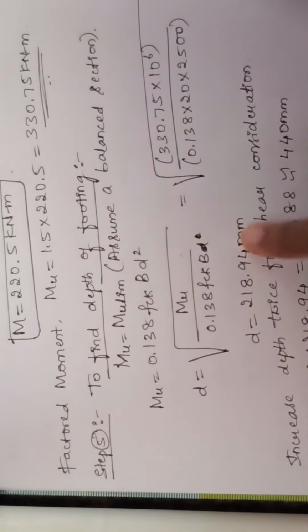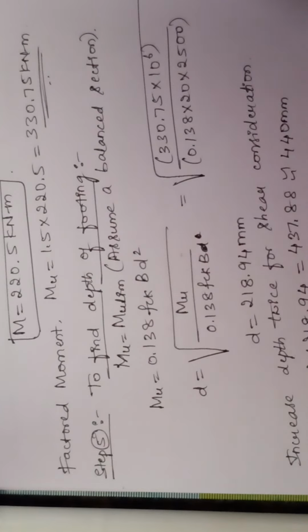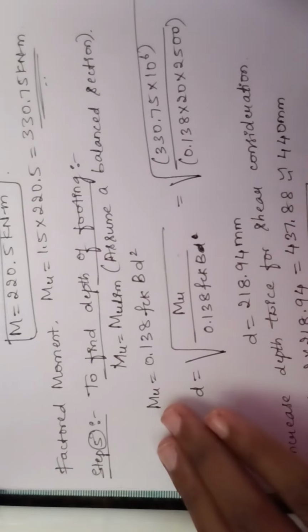But we are not keeping this much, because the shear consideration also has to come into the picture. If we consider the shear forces acting on the footing, then there is less possibility of resisting the shear forces here. So from that point of view, we will be doubling the depth.